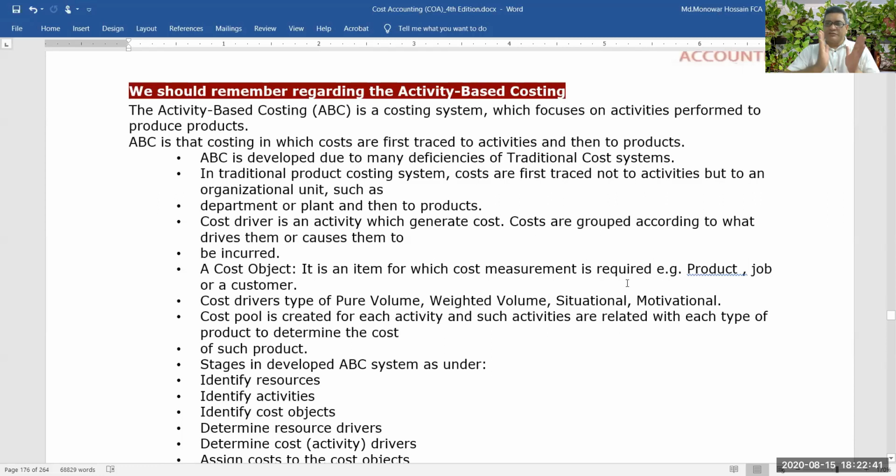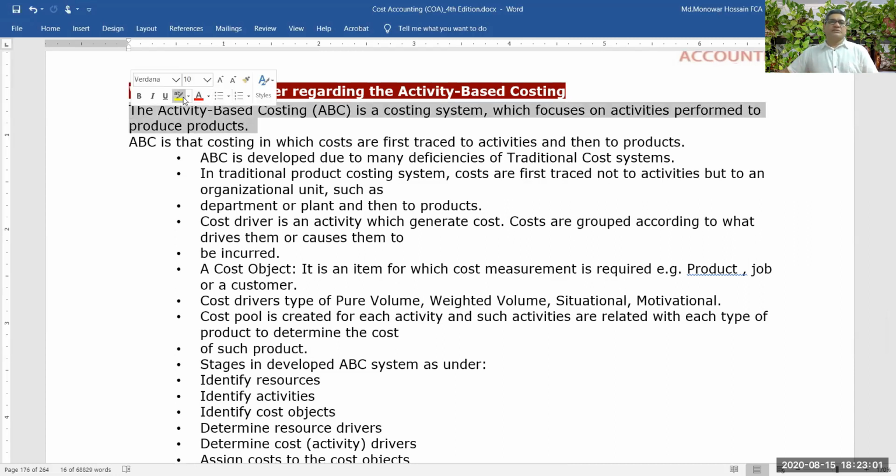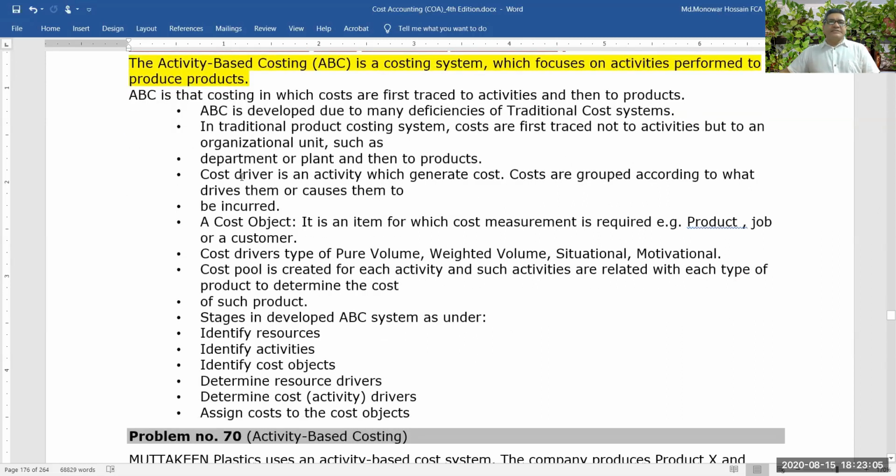So before concluding the lesson, what should we remember about ABC costing? ABC is a costing system which focuses on activities performed to produce a product. So we have to remember that. ABC was developed due to the many differences in the traditional costing system.